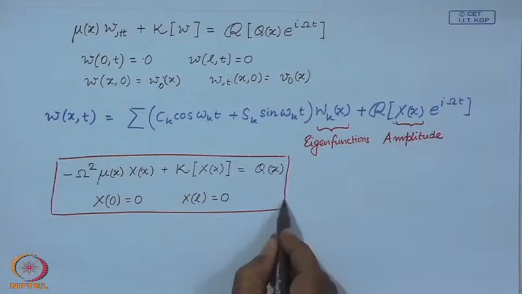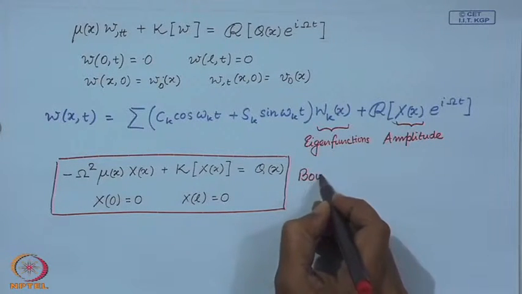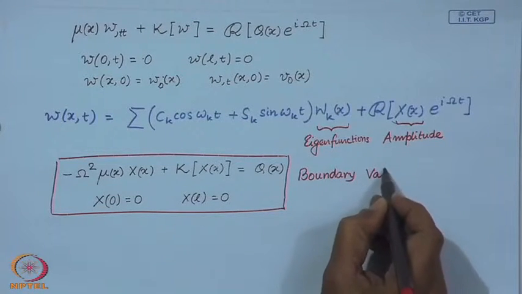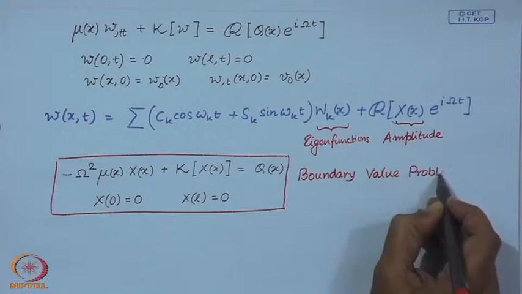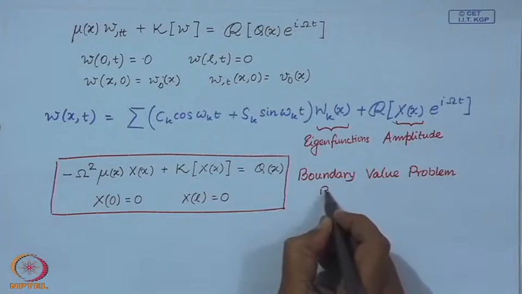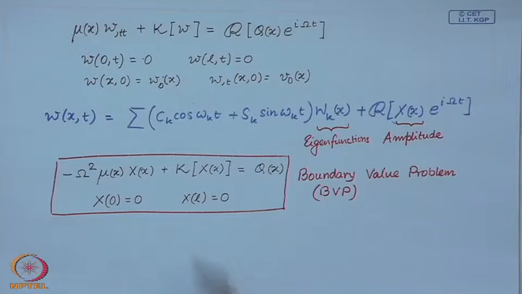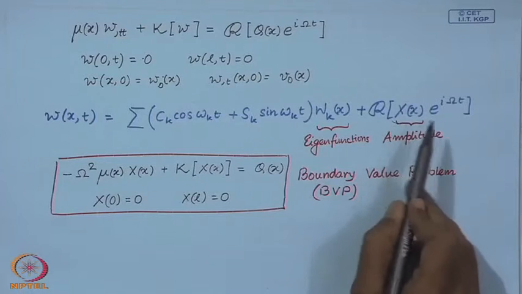Now, this we defined as the boundary value problem. So, this is the boundary value problem which we have to solve in order to calculate the amplitude function of the particular solution.